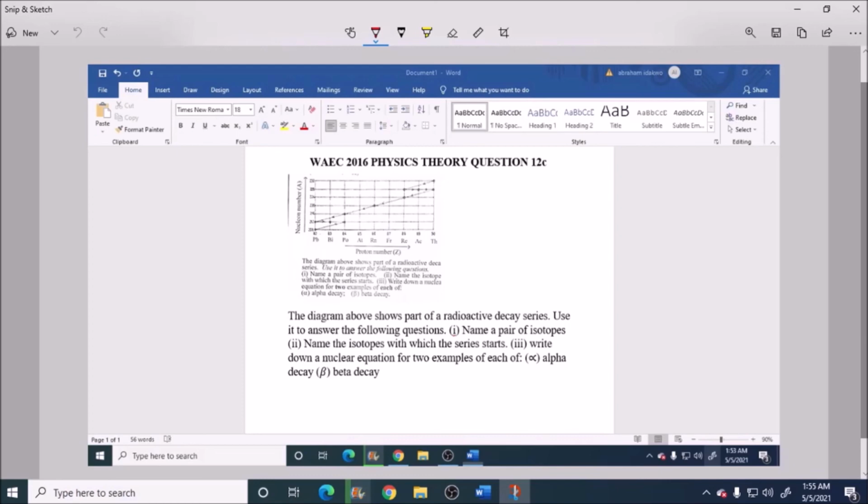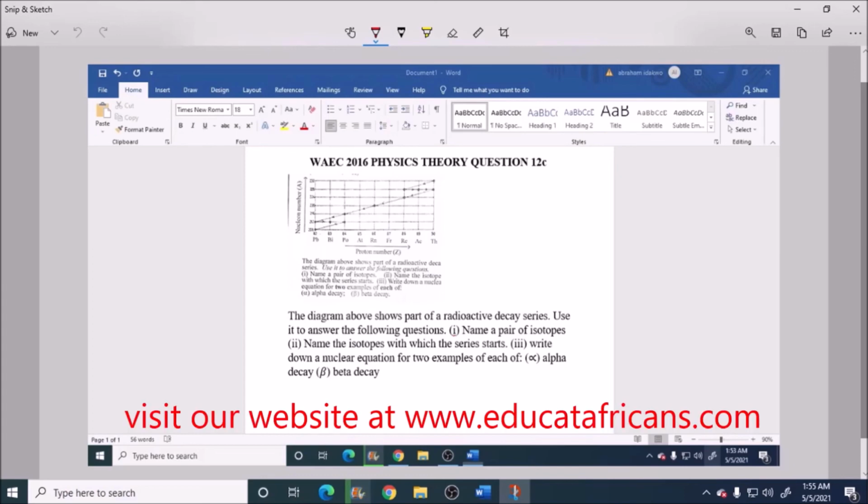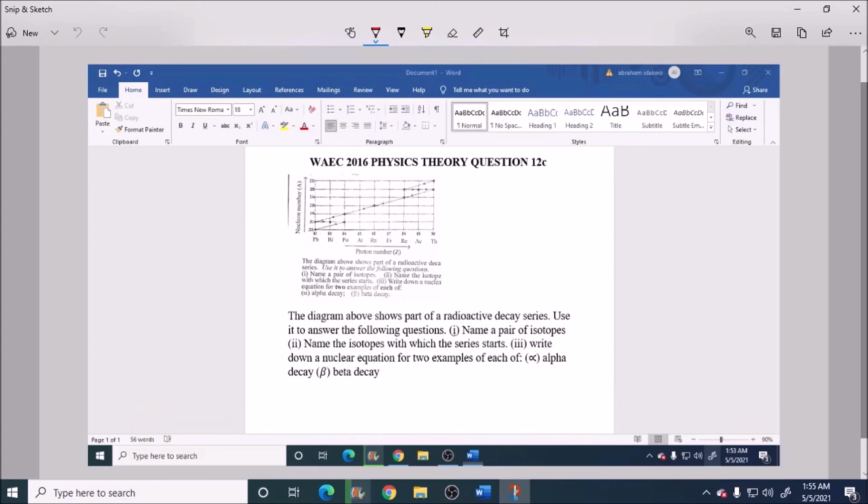Number 2, we are to name the isotope with which the series starts. Then number 3, we are to write down a nuclear equation for 2 examples of each, alpha decay and beta decay. Okay, so let's begin with pairs of isotopes as can be seen from the figure.